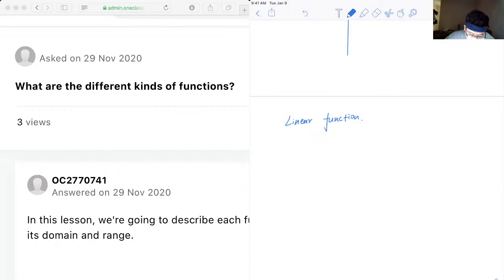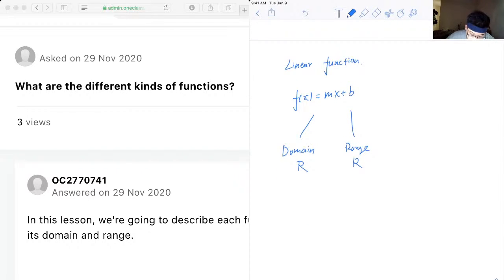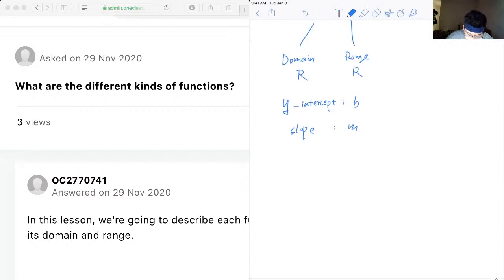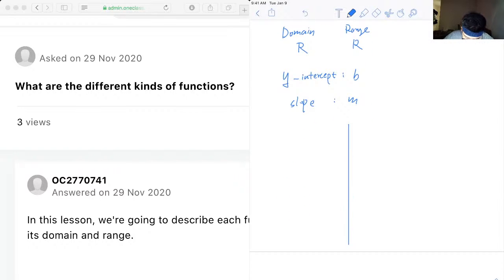This is denoted by f(x) = mx + b, and the domain and range are both R. The y-intercept is just b, and the slope is m. One example of this graph could be something like this, and that will be the b.